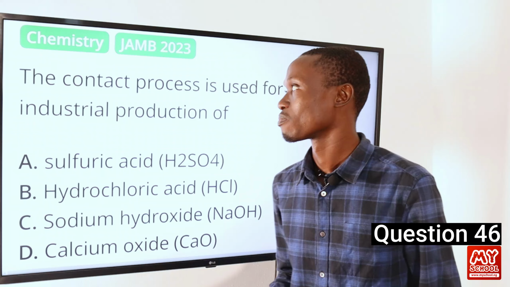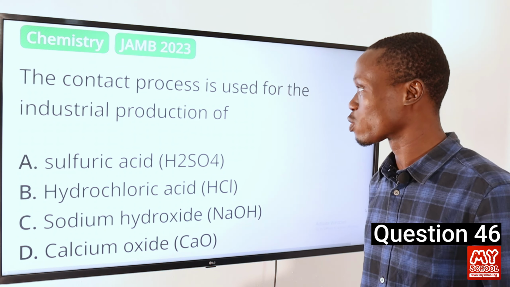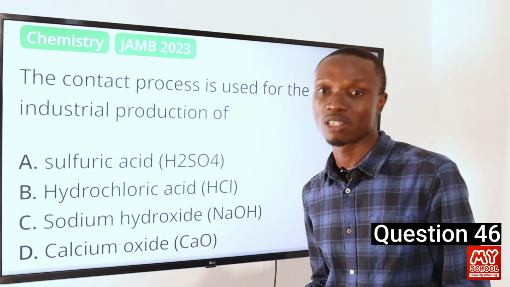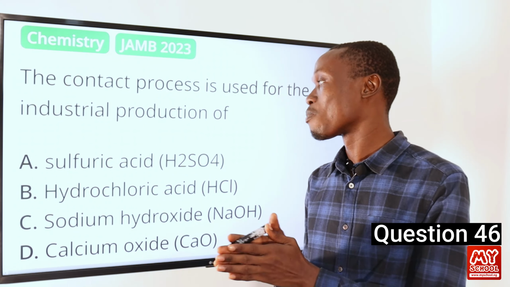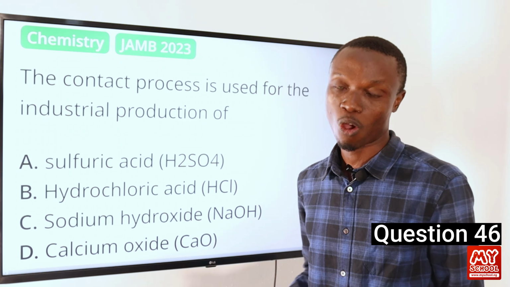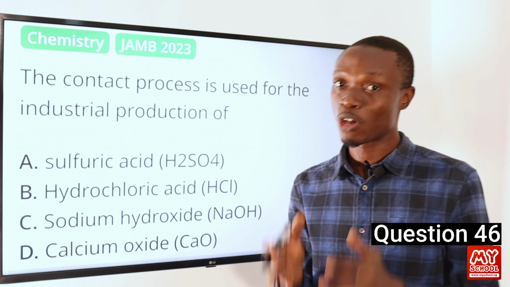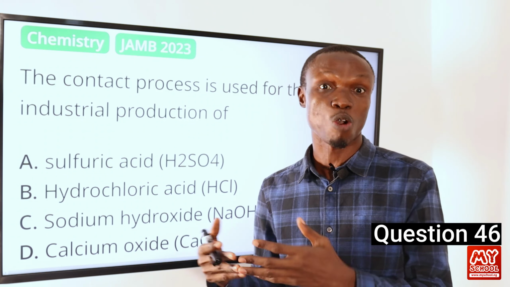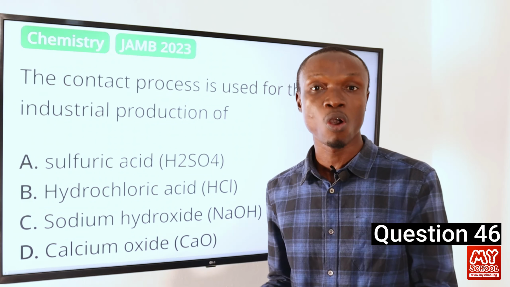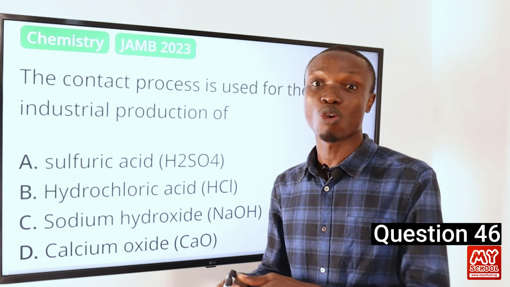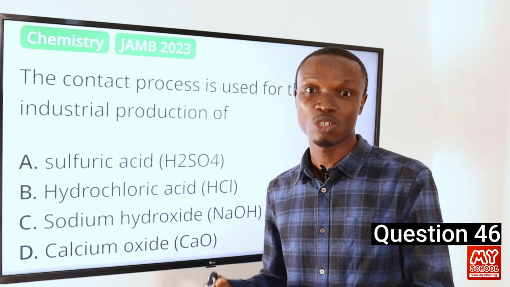Question 46. The contact process is used for the industrial production of dash. The contact process is used for the industrial preparation of H2SO4, sulfuric acid. It simply involves, first of all, reacting oxygen with sulfur to produce sulfur 4 oxide. This sulfur 4 oxide further reacts with oxygen to produce sulfur 6 oxide.